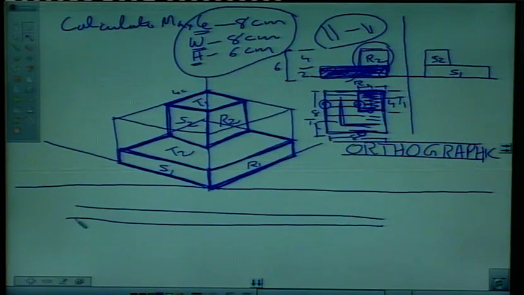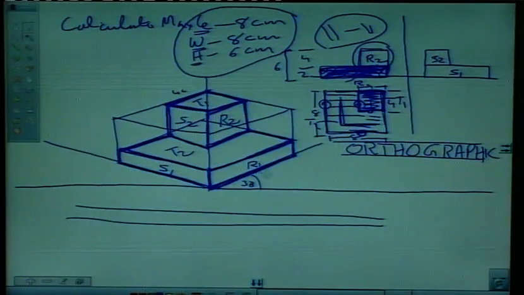And once again, clearly see this angle is 30 degree. All these 5 lines are inclined at 30 degree, or parallel to these edges.